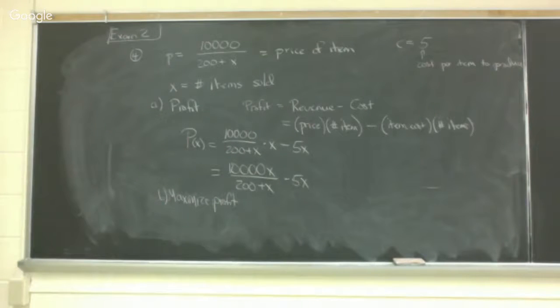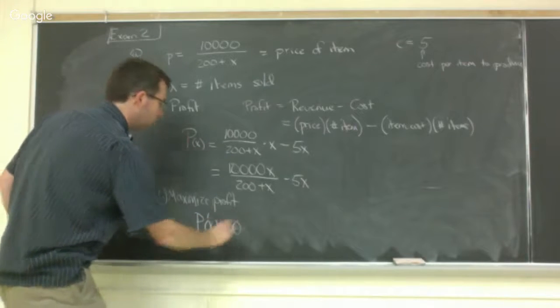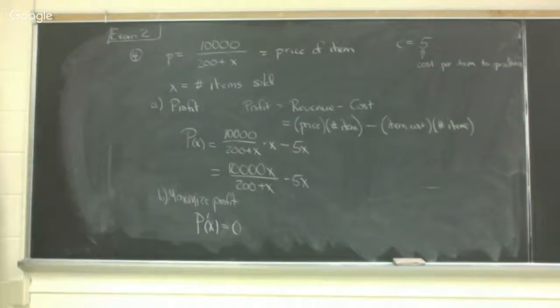So how do we maximize the function? It's not that we choose a really big number. Take the derivative. Every time we want to maximize a function, we're going to find critical points.